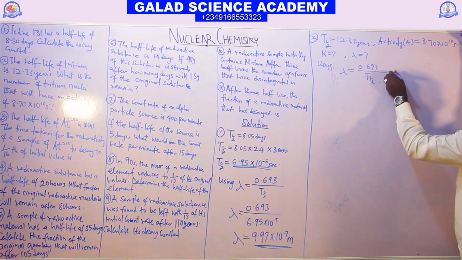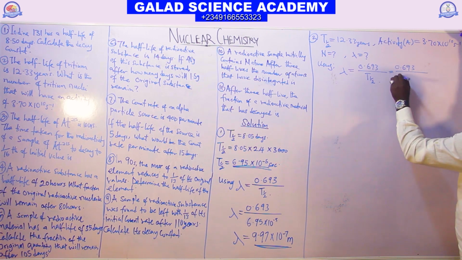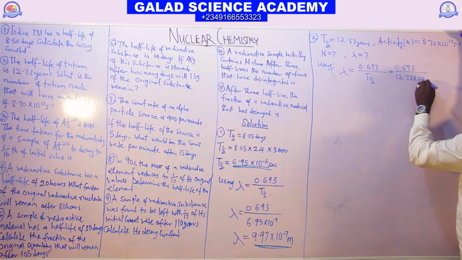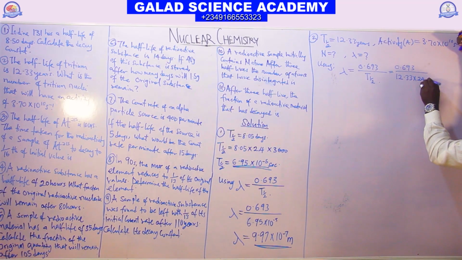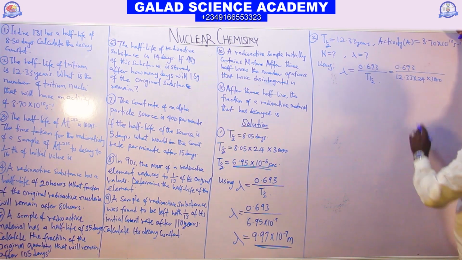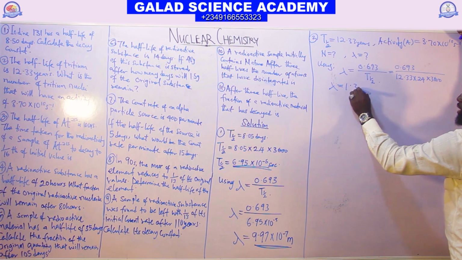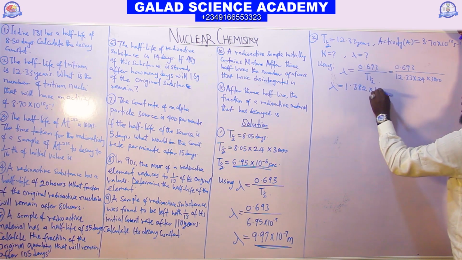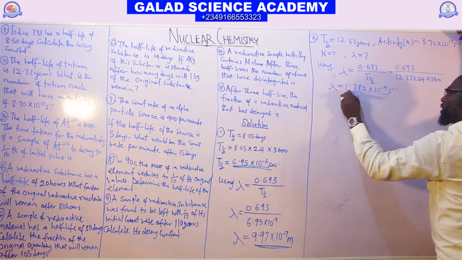By applying this, we have 0.693 over the half-life, 12.33 multiplied by 365 by 24, and to convert this to seconds, 24 times 3600. If you press your calculator, the final answer for lambda will be 1.382 times 10 raised to the power minus 9 per second. That's the formula for lambda.